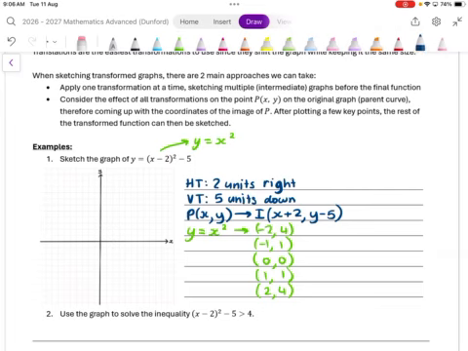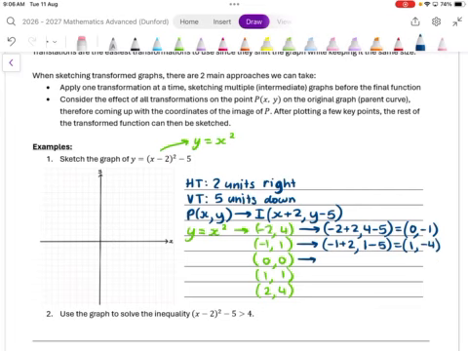So to get to our transformed function, we have minus 2 plus 2, 4 minus 5, and so that equals the point 0, minus 1. Does that make sense so far? Then our next point will have minus 1 plus 2, 1 minus 5, so that is the point 1, minus 4.